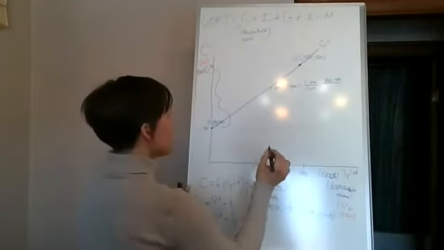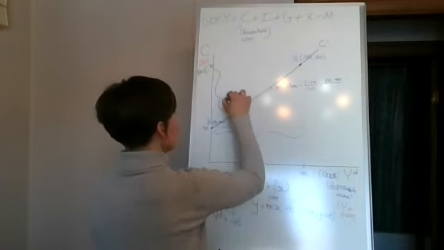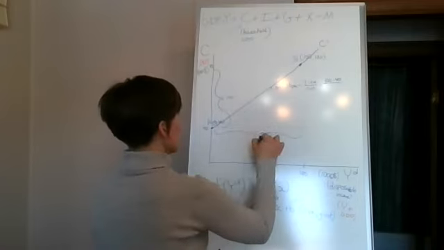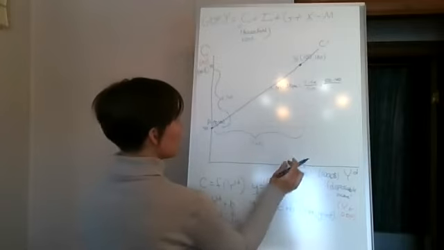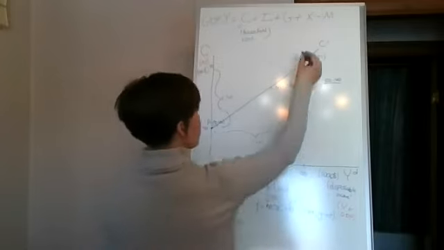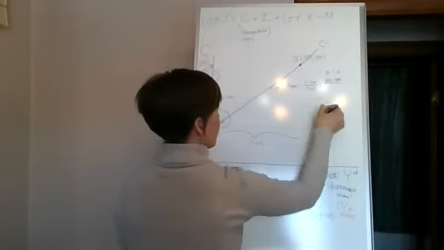And the run is going to be this way between 2 points. So it's the difference in the x values. So we've got, I took point B first, point B minus point A. So I have to do that again on the denominator.